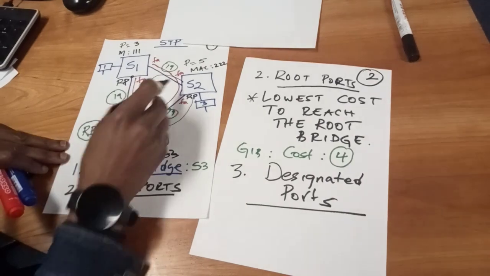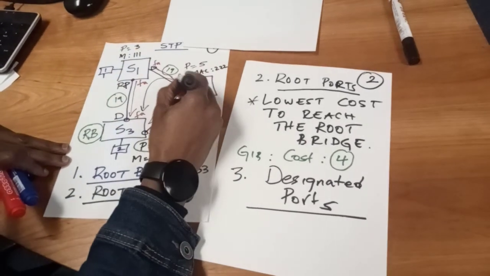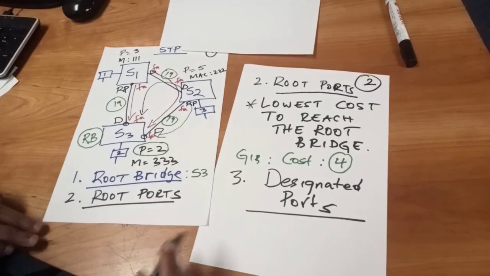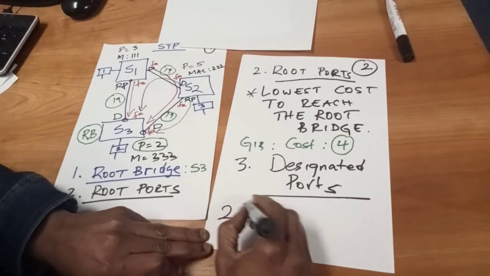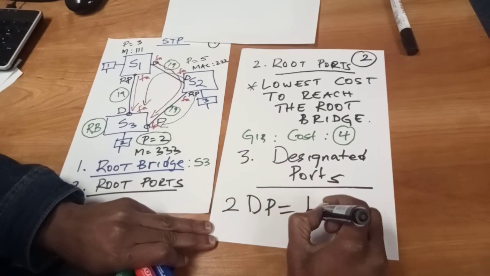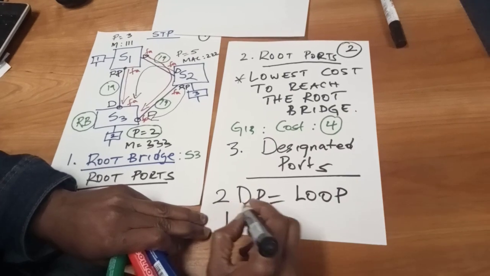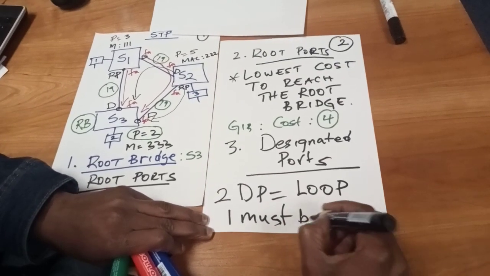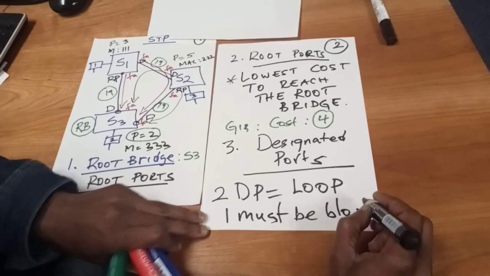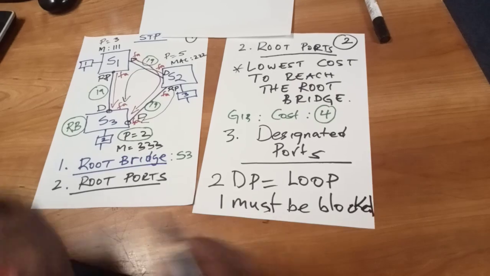But if you go here, you're going to see this one is a designated port and this one is a designated port. Two designated ports means there is a loop. One port must be blocked. We have to block one of them.